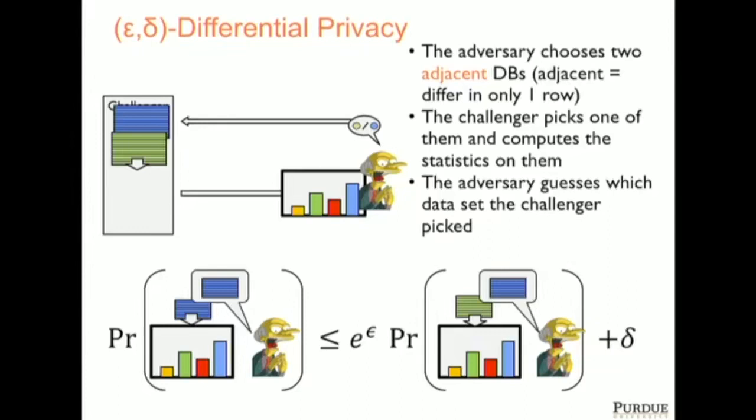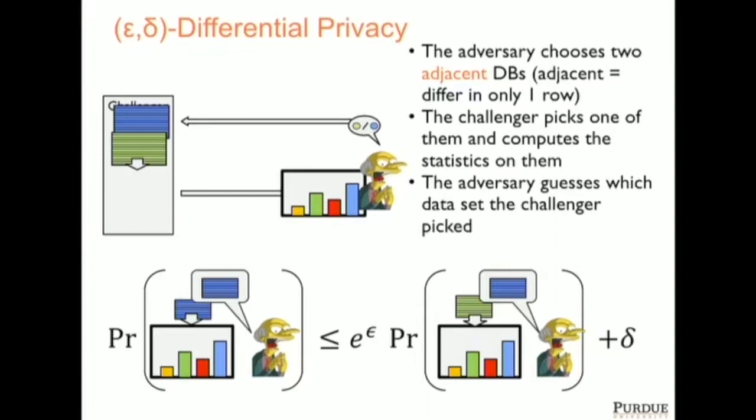When we compare these two probabilities, we are saying that they are associated with each other by this multiplicative factor, which indicates that although the probability of the adversary guessing correctly can be higher, it will always be bounded by a factor closely related to the second probability where he is going wrong.